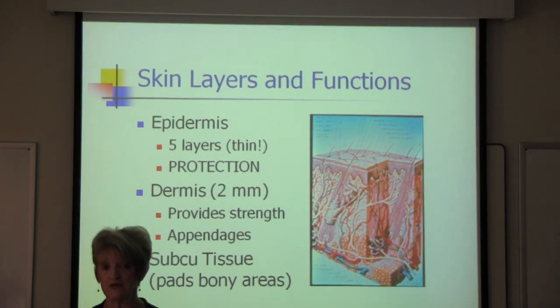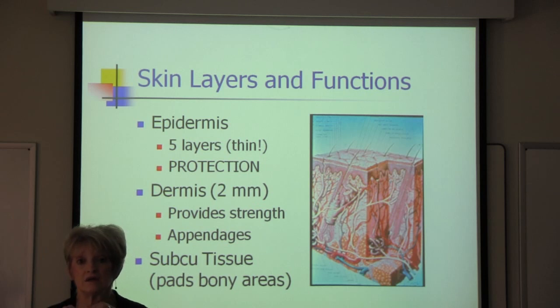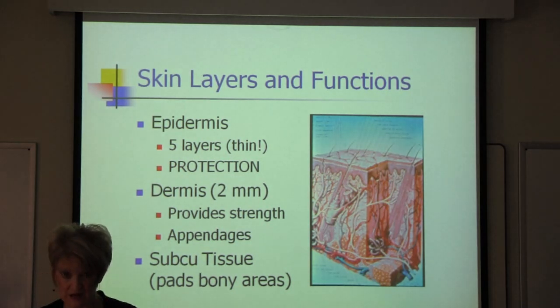When you look at the epidermis, they will divide it into the stratum corneum, the stratum granulosum, the stratum spinosum, the stratum germinativum. So 5 subcategories, but altogether the epidermal layer is about 20 cell layers thick.